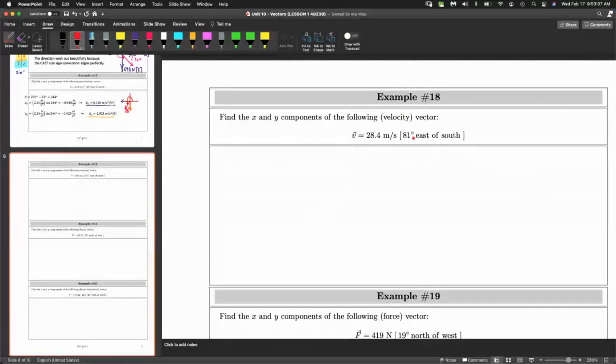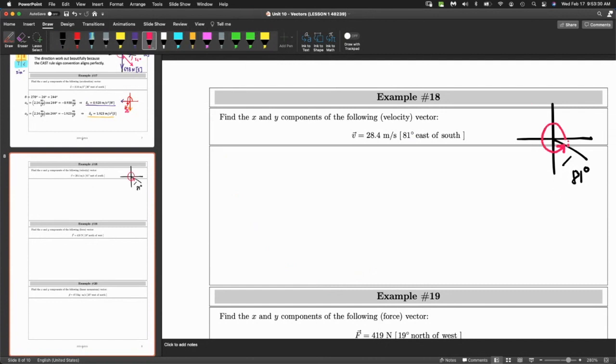So we have a velocity vector that is east of south. I'll just draw the directions up here. East of south, so here's south and you're going to go east. So this angle here is 81 degrees. Maybe I'll do a better scale there. That's 81 degrees, so the standard angle is all the way around like that.